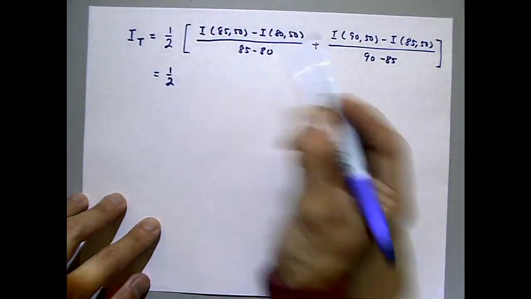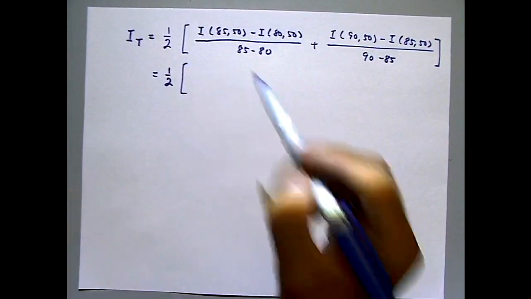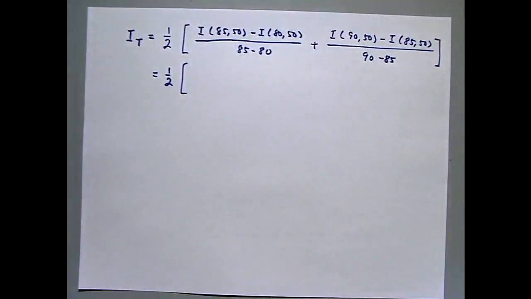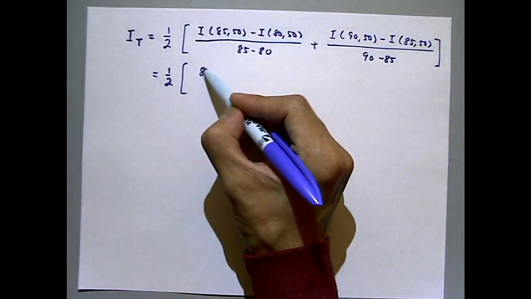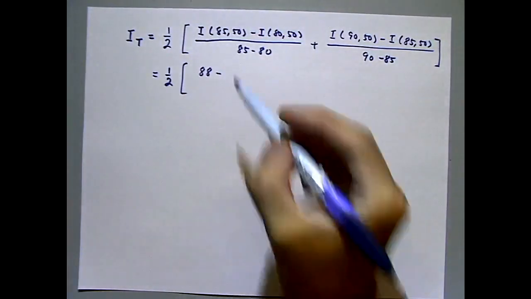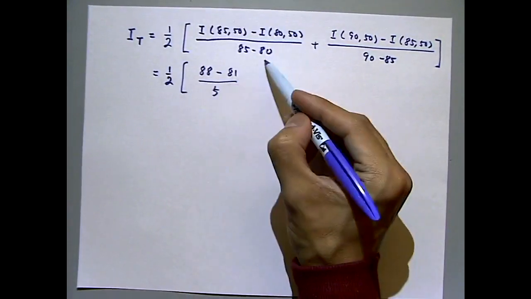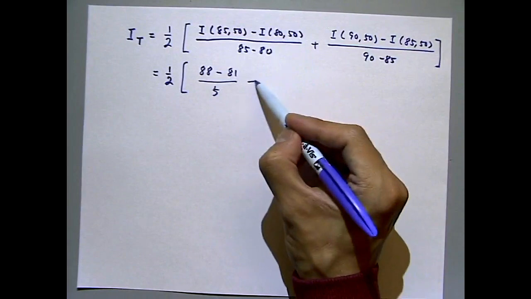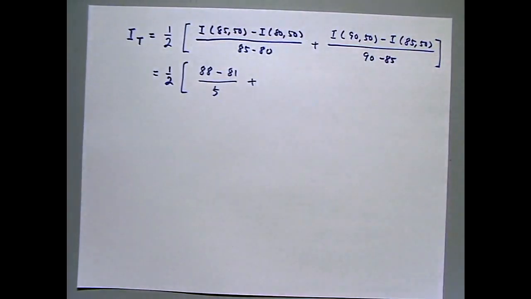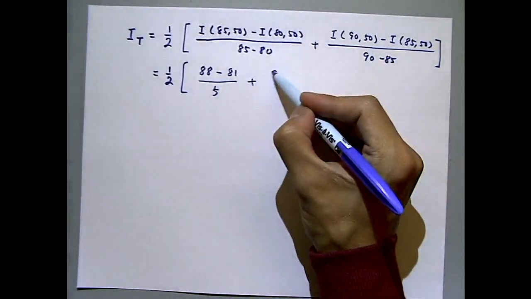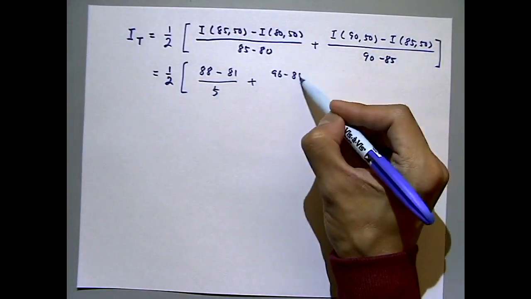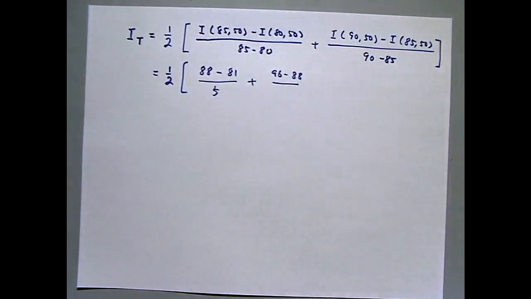So this is equal to: I of 85/50 is 88, I of 80/50 is 81, over the change in temperature, which is 5. And then we have 96 minus 88 over 5 again.